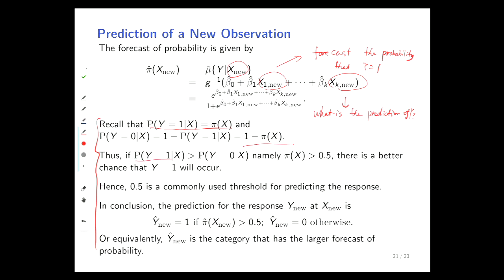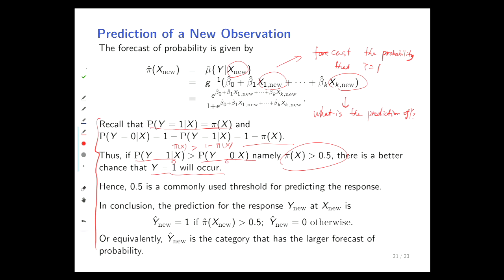If the probability of y equals 1 is larger than the probability of y equals 0, equivalently, pi(x) is larger than 1 minus pi(x). So if pi(x) is larger than 0.5, then obviously there is a better chance that y equals 1 will occur, because its probability is larger than the probability of y equals 0.